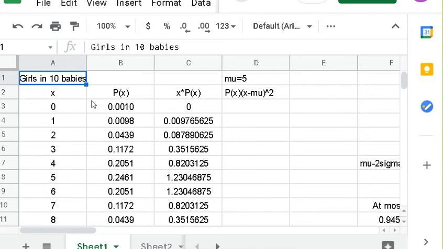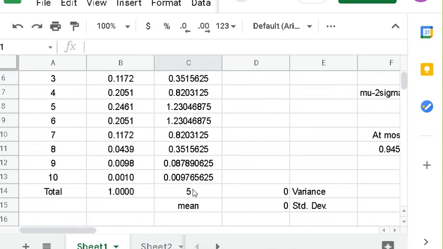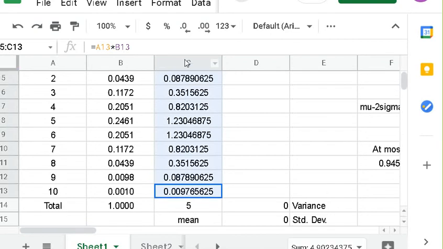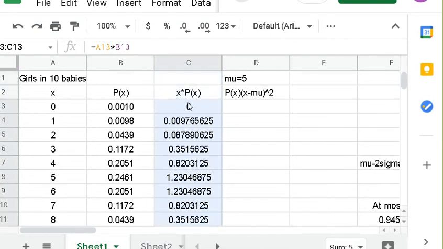All right, let's take this one. This is a nice setup for stuff we're going to do in the next section anyway. If you go all the way at the top, it says number of girls amongst 10 babies. Let's clear that out because I want to redo that calculation. I want to do this whole thing from scratch.